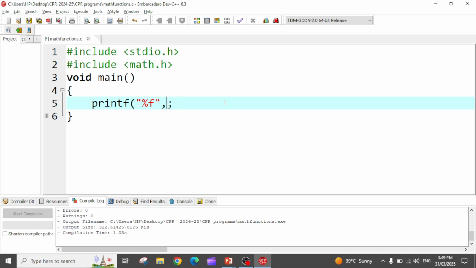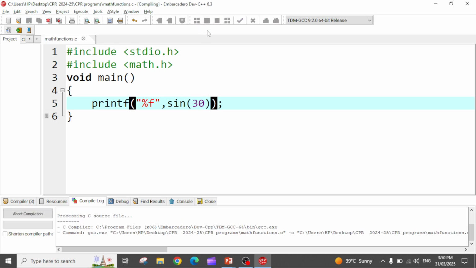When I have to find sine, cos or tan of an angle, then I have sine, cos, tan functions. One thing I have to remember here is that these functions take the value of an angle in radian form. Suppose I have written sine 30. It should return me the value of sine 30.